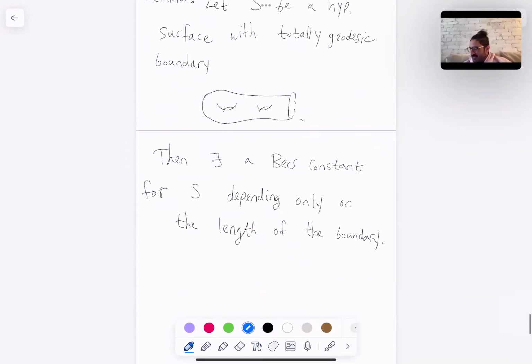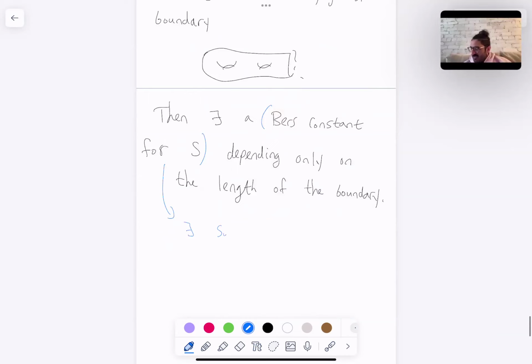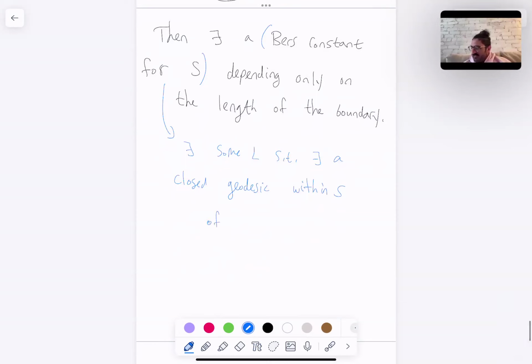I just mean that there exists some L so that there exists a closed geodesic within S, so not the boundary, of length at most that number. So there's some upper bound that captures the length of the shortest closed geodesic.